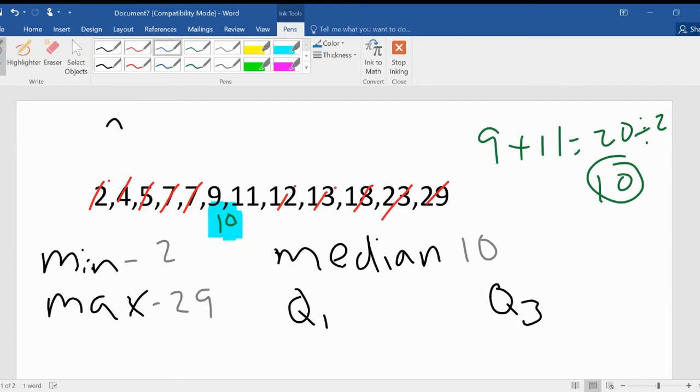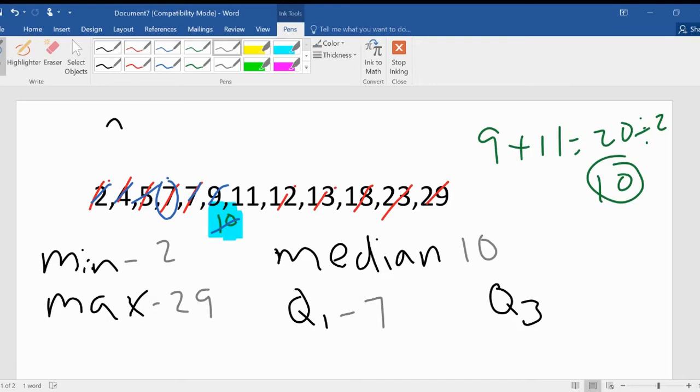I'm going to count with that 10. So it's 10, 2, 9, 4, 7, and 5. So 7 is our Q1, our lower quartile. I'm going to mark that.